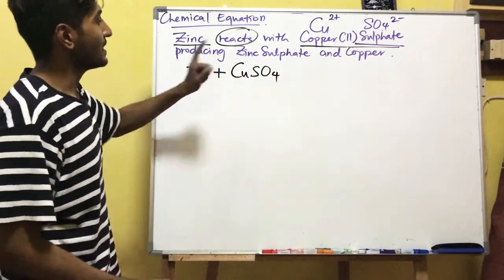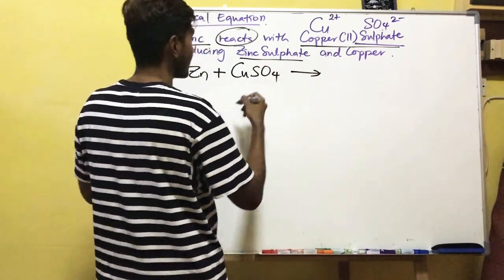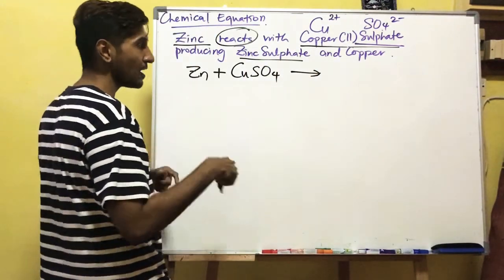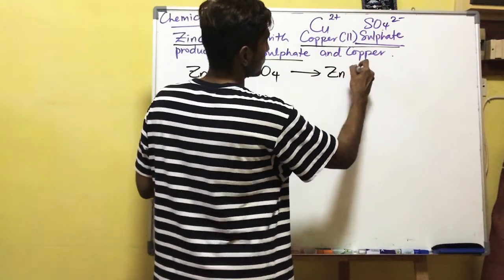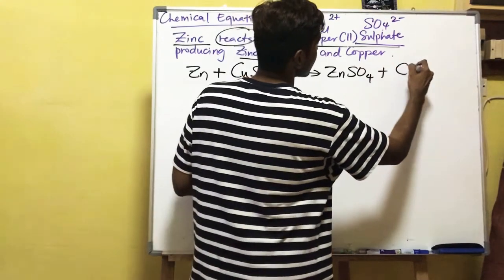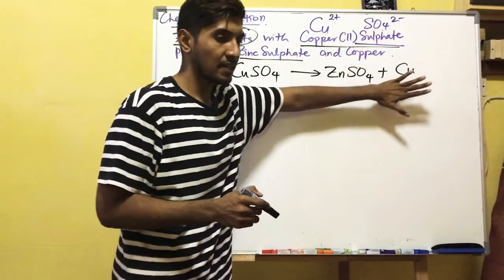Okay, dan dia akan kata hasilnya ialah zinc sulfate. So zinc, kita tahu juga zinc ialah Zn2+, sulfate ialah SO4. So it will give you ZnSO4 plus Cu. So this is a chemical equation.